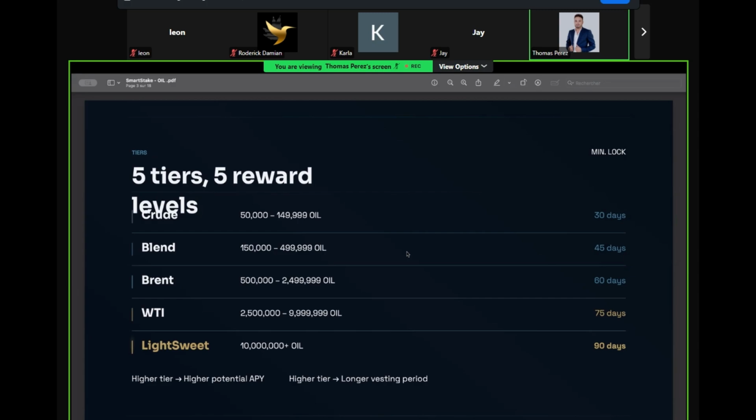So the reward that you get based on the tiers will have a cliff period or a vesting period. And here it's the current cliff that you can see, 30 days up to 90 days. And the target is to lower those cliffs as soon as possible.